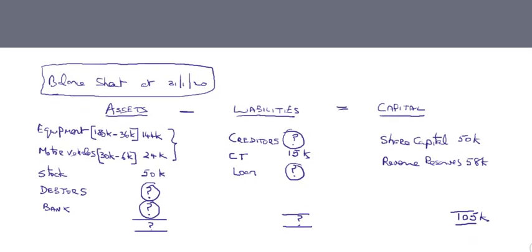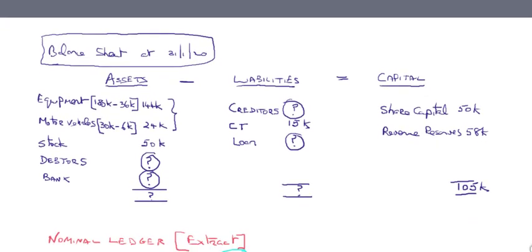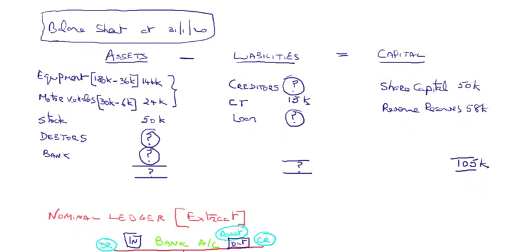The figures that we were short of were debtors and bank and creditors and loan. And now we have those figures. We've worked those figures out now in this nominal ledger extract. So now we should be able to fill in these figures and the equation will balance.